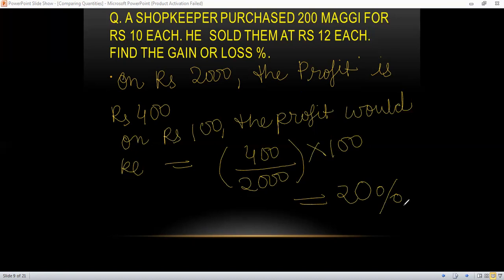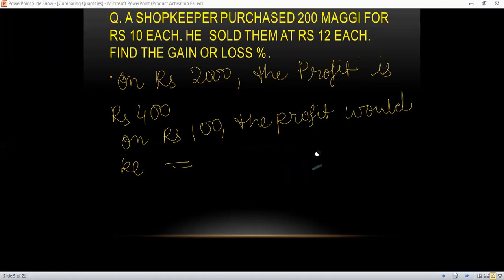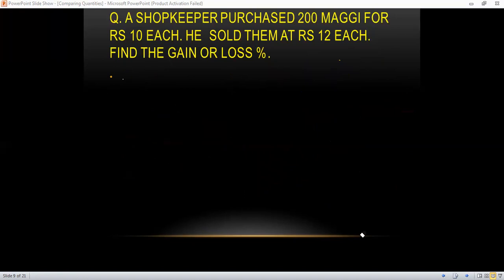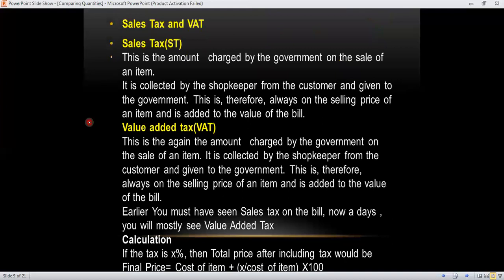Now moving to the next topic. So here the next topic is sales tax and VAT. Sales tax, that we can denote as ST. This is the amount charged by the government on the sale of an item.